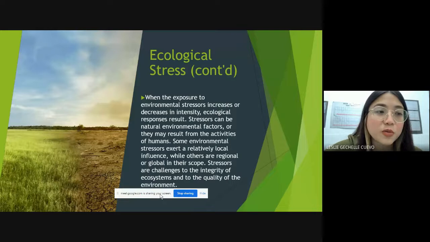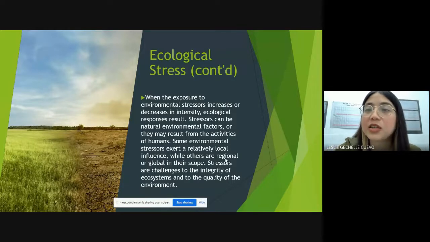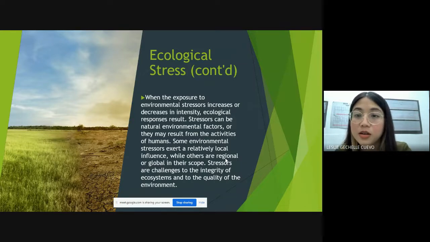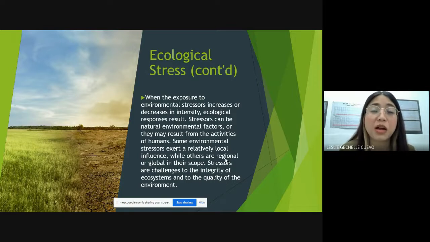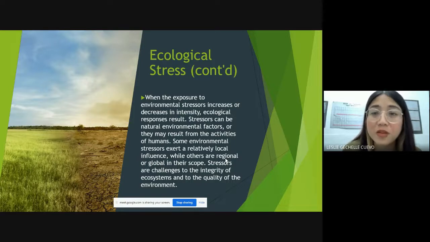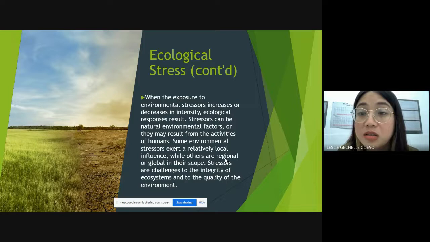When the exposure to environmental stressors increases or decreases in intensity, ecological responses result. Stressors can be natural environmental factors or they may result from the activities of humans. Kapag nga nagiging polluted ang isang lugar, yun na, nagkakaroon ng ecological stress.